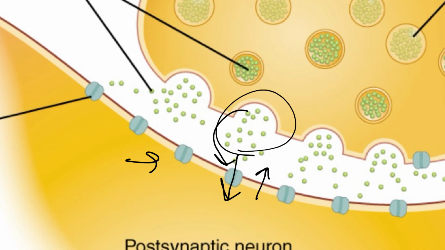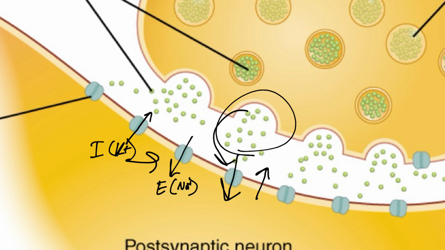Because if this receptor happens to be a sodium channel, well, it's excitatory, because sodium has a positive charge, and those positive charges are entering the cell. If this channel happened to be a potassium channel that let positively charged potassium leave, that would be an inhibitory neurotransmitter.